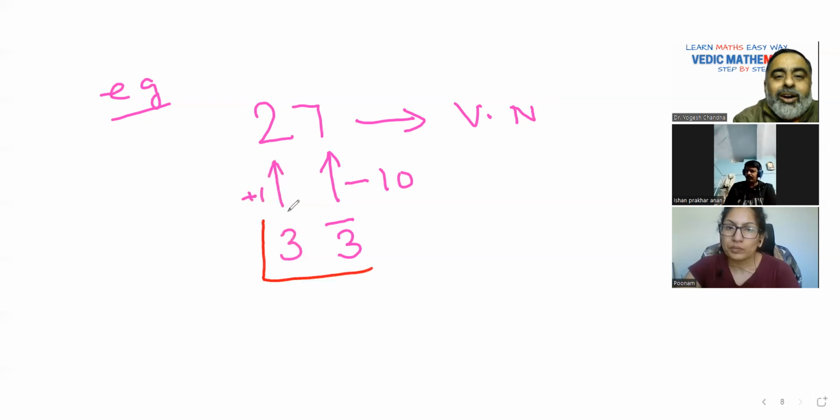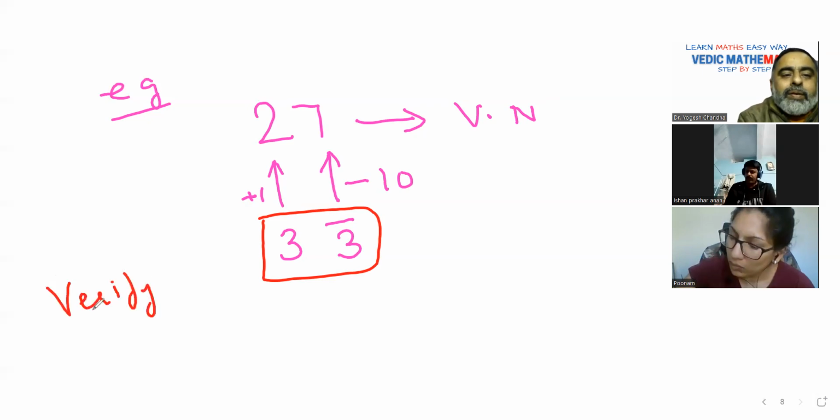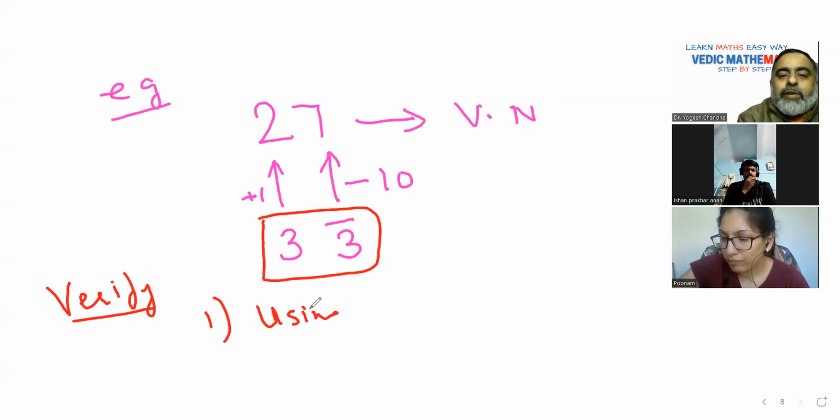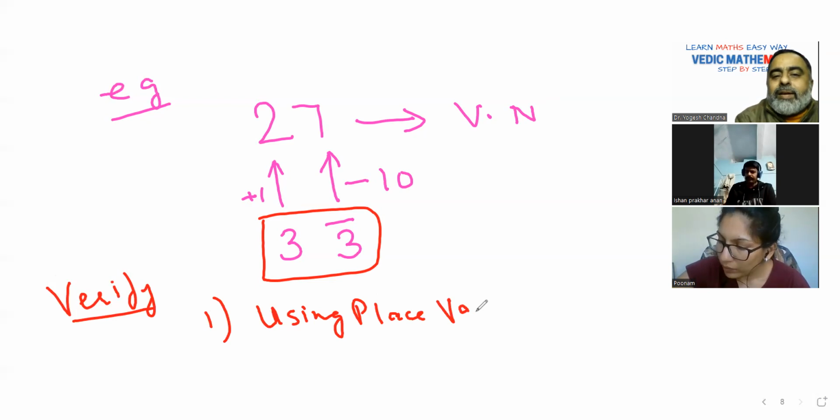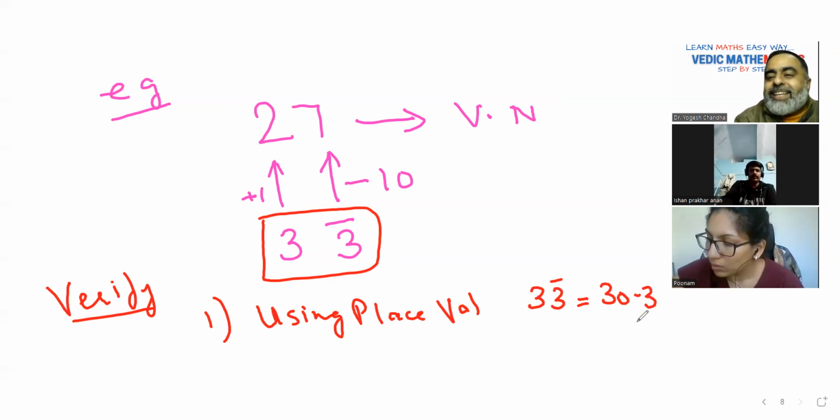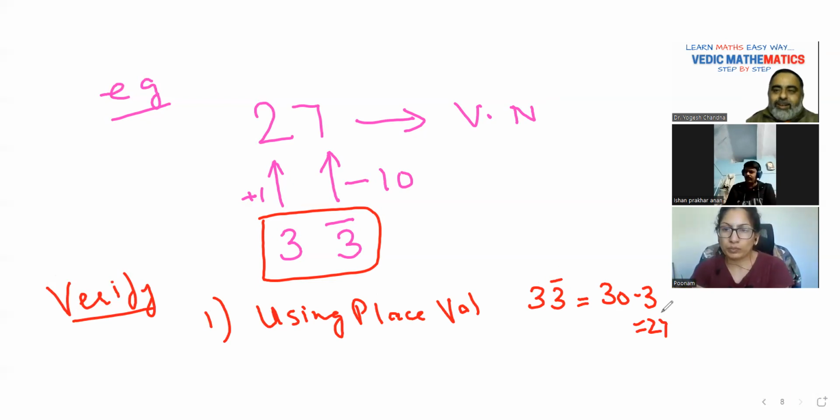Is it correct or not? Let's verify. There are 2 ways to verify. First, using the place value method. What is 3 bar 3 bar? 30 minus 3, that is 27. That was our question, so we are correct. Second method, digit sum.